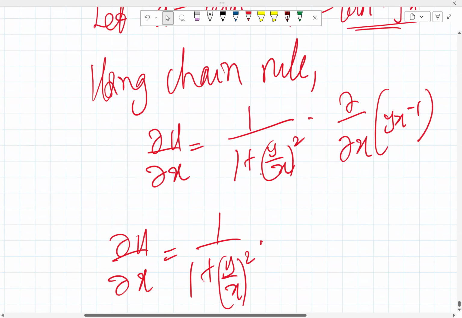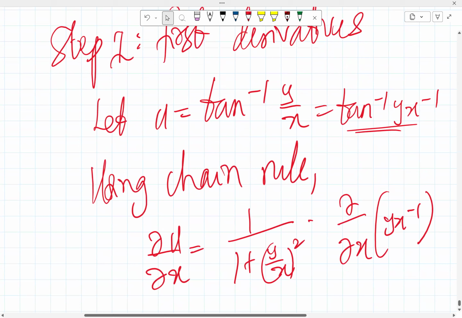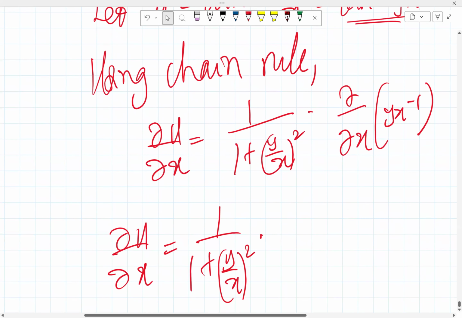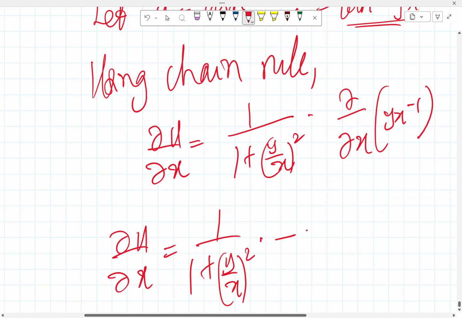When you differentiate yx raised by minus 1, you get minus yx raised by minus 2. So that partial u partial x is now 1 over 1 plus y over x all squared times minus y over x squared.